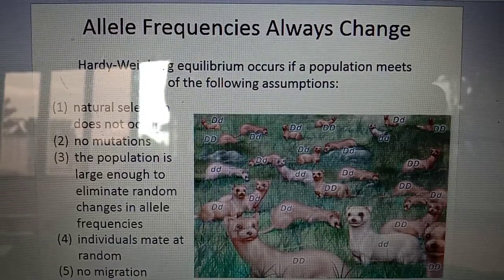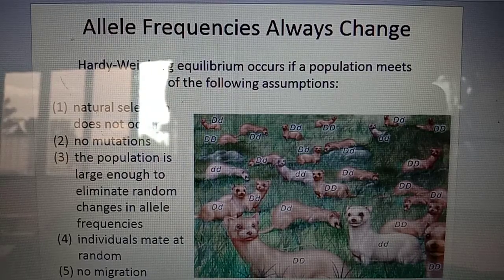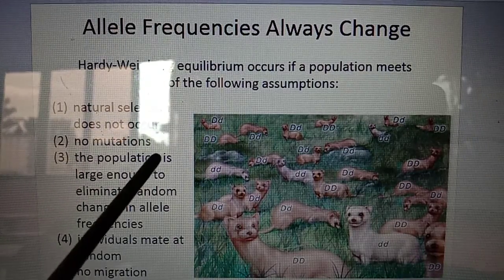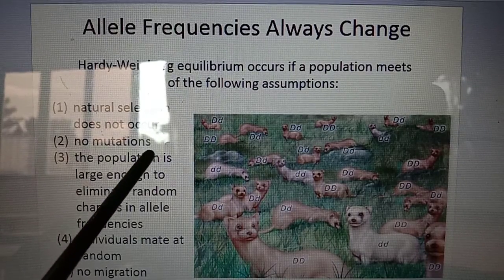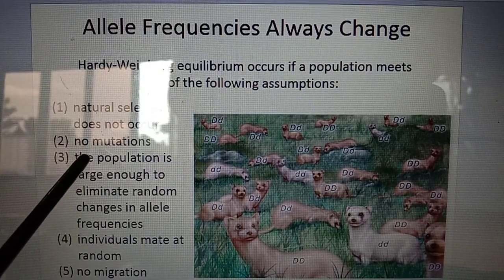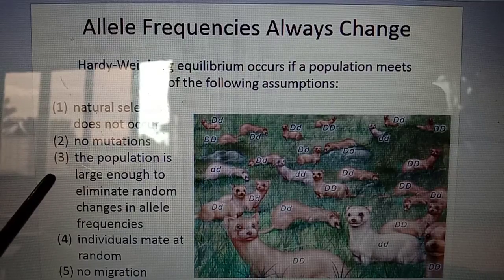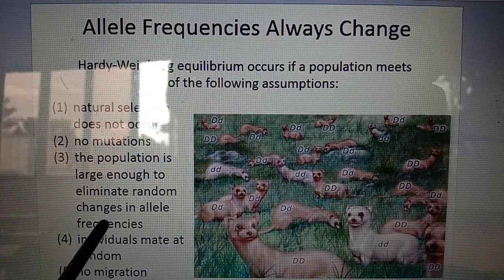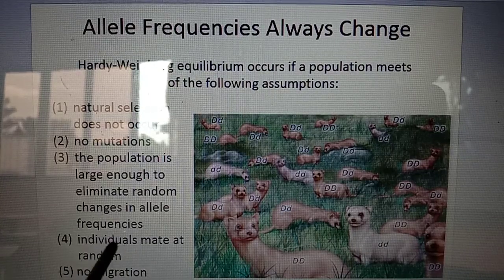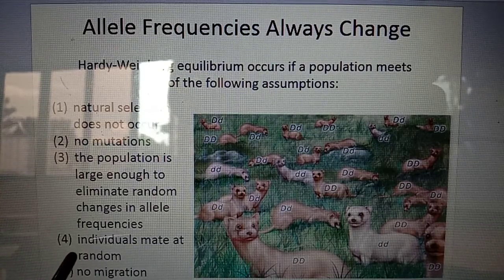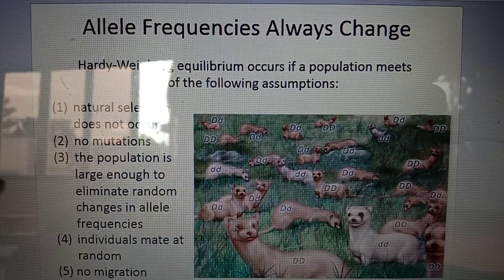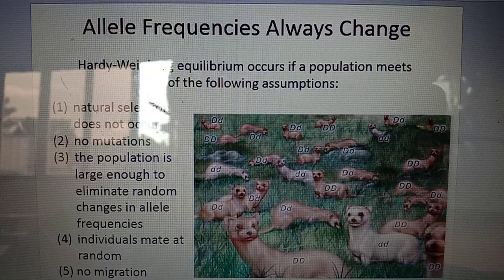Here are some assumptions of that equilibrium. First, natural selection does not occur. Second, no mutations. Third, the population is large enough to eliminate random changes in allele frequencies. Fourth, individuals mate at random. And fifth, no migration.